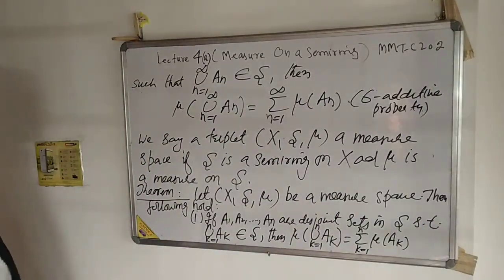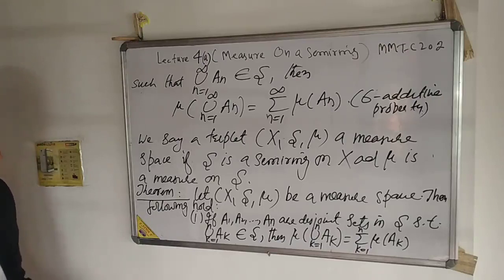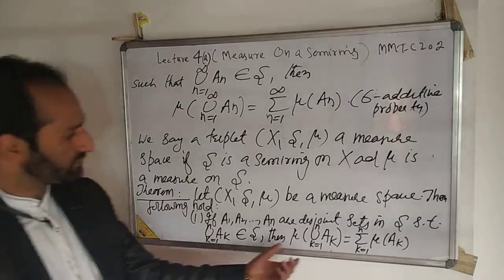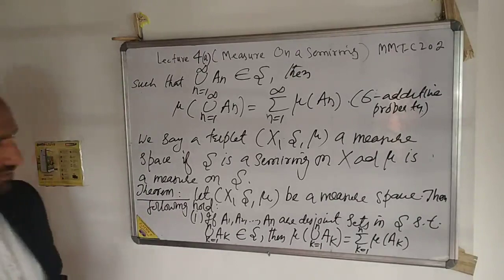If A1, A2 up to AN are finitely many disjoint sets in S such that this union belongs to S, then mu of the finite union is equal to the sum of mu of A_k, k runs from 1 to n.